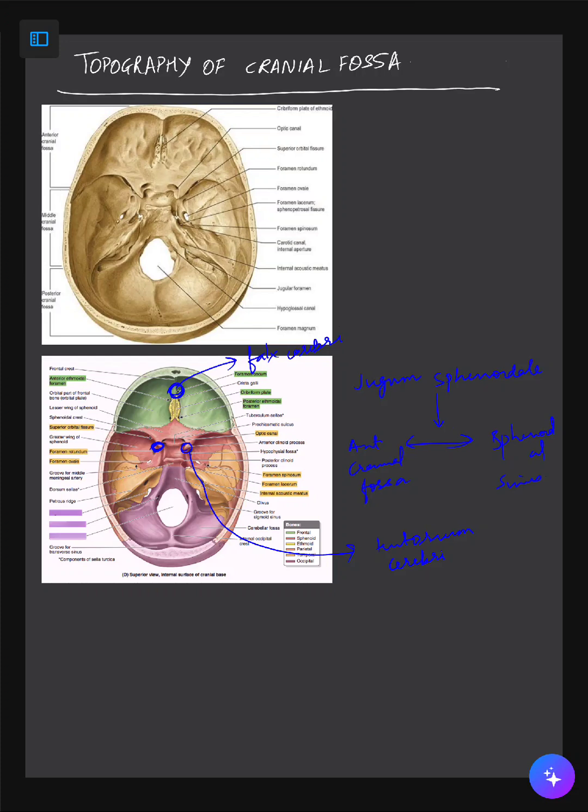Now, the orbital surface of the frontal bone supports the frontal lobe of the brain. And what is the clinical importance of this anterior cranial fossa? If there is a fracture of the anterior frontal bone, it may cause bleeding and discharge of cerebrospinal fluid through the nose.